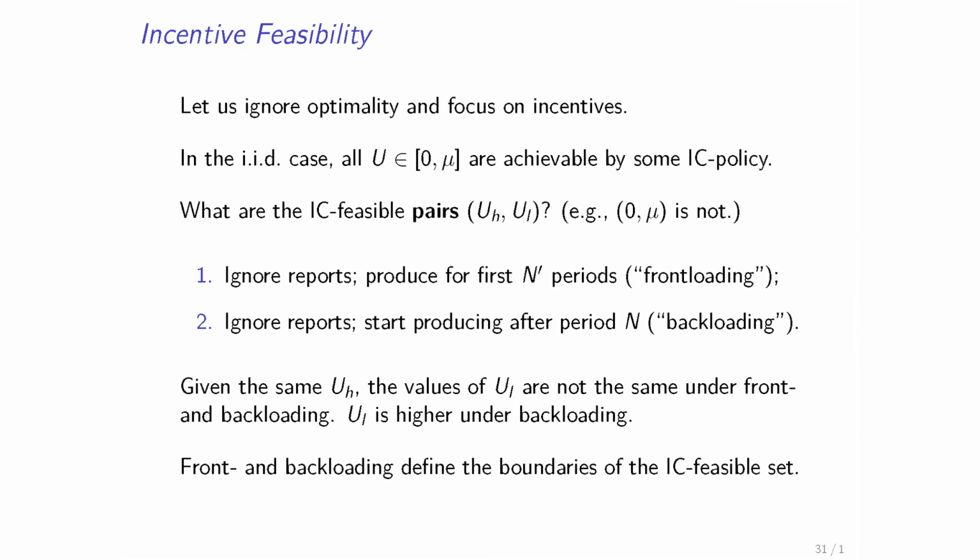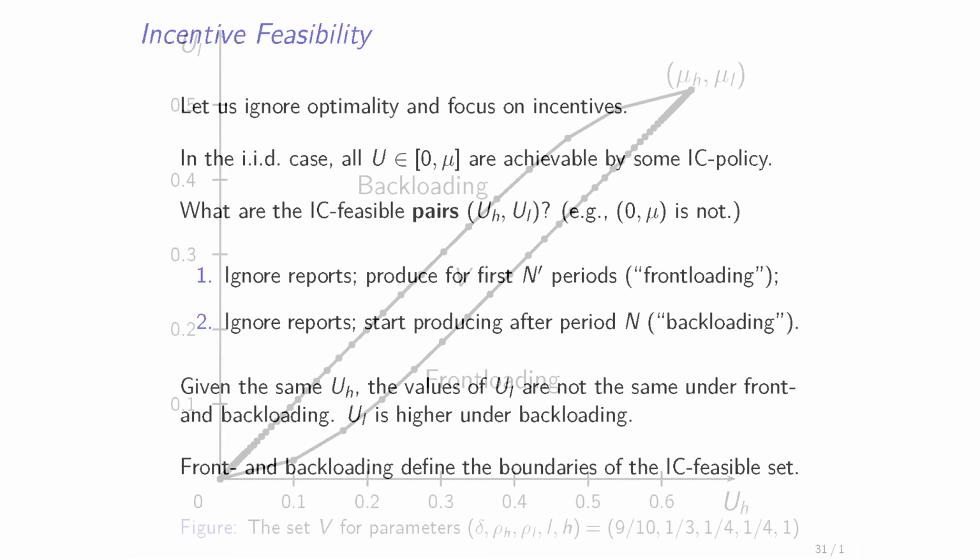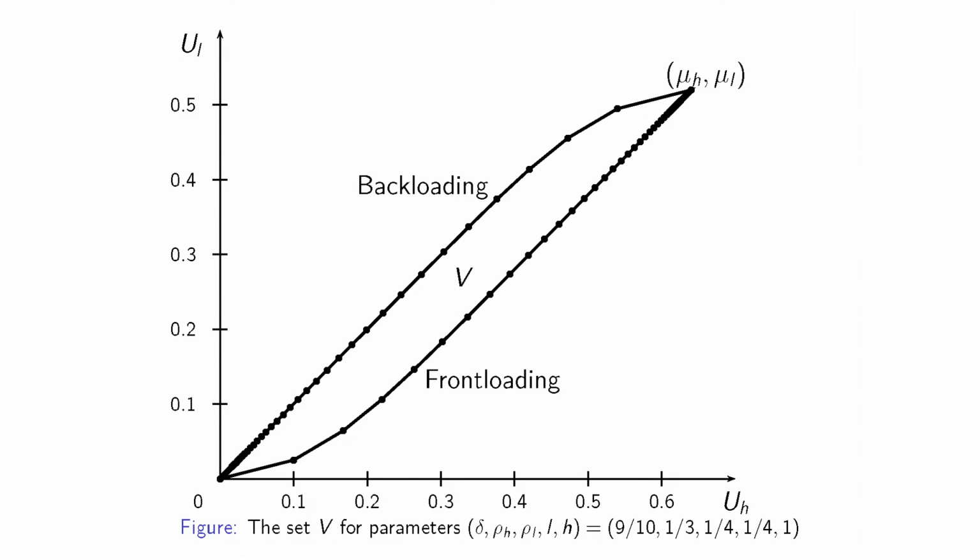Okay. Now, this is our feasible set in this game. The x-axis is the promised utility to an agent whose type is high today, and the y-axis is the promised utility to the agent whose type is low today. This lower boundary is front-loading policies, and the upper boundary is backloading. So if we fix UH, the low type is happiest when we are using a backloading policy.